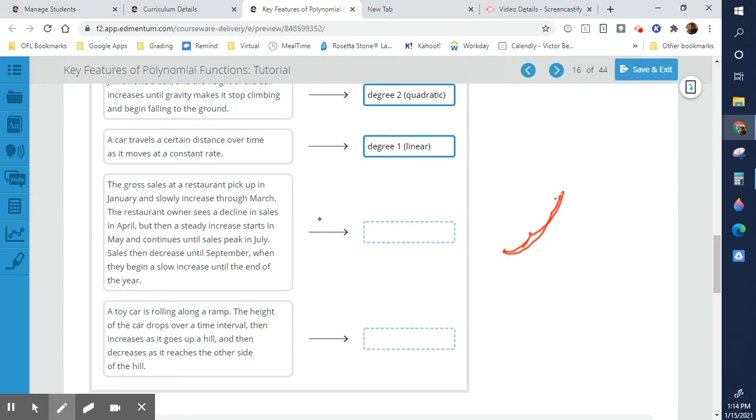So that could be another one. It's phrased very weird. The restaurant owner sees a decline in sales in April, but steadily increases in May and continues until it peaks in July. Then it decreases until December, when it begins to slowly increase again until the end of the year.